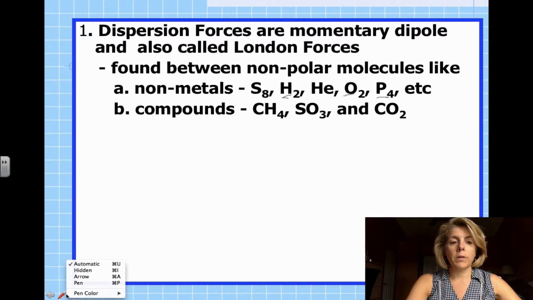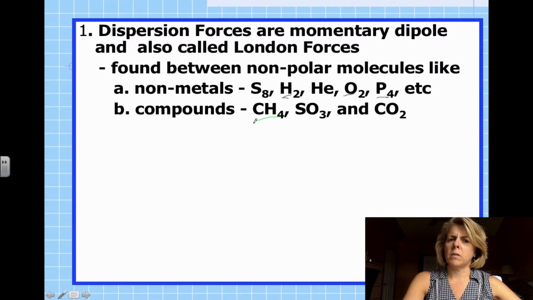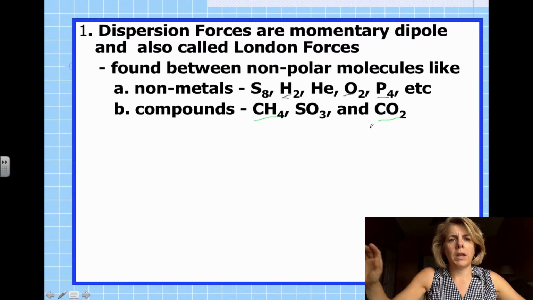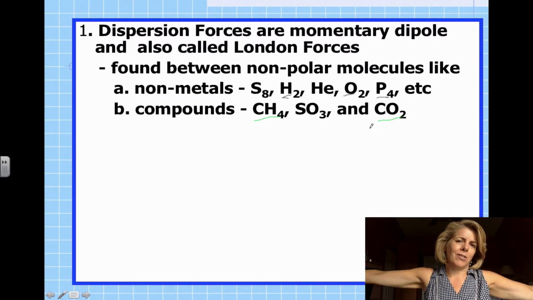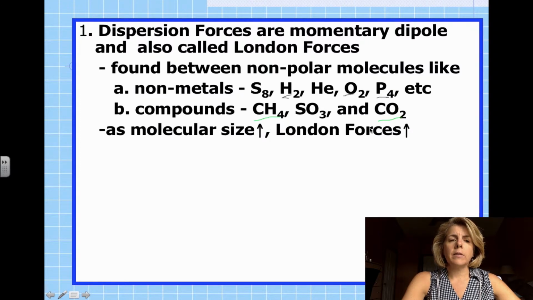So CH4, there isn't enough of an electronegative difference between carbon and hydrogen, so there's almost no polarity in that bond. And also CO2. So even though there is an electronegative difference between carbon and oxygen, it's the way the dot diagram is drawn. So remember we had two double bonds on either side with the oxygen, and they essentially cancel each other out.